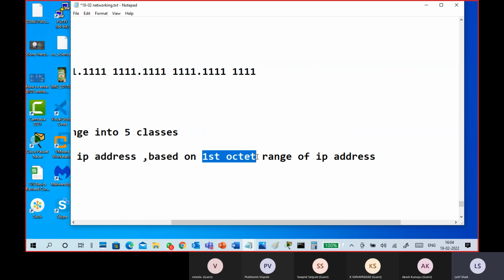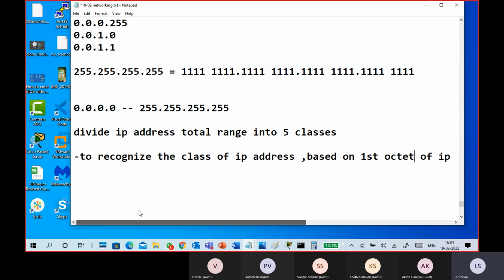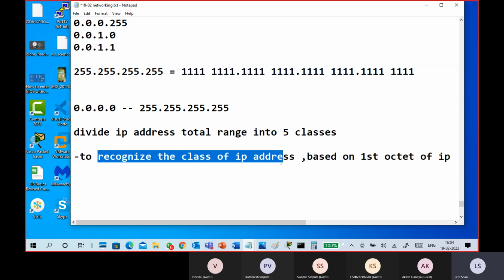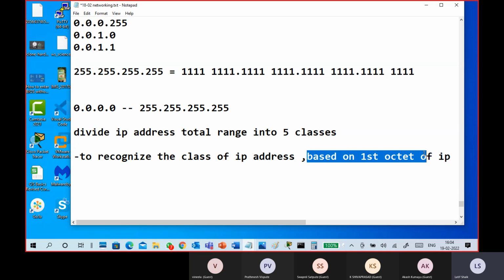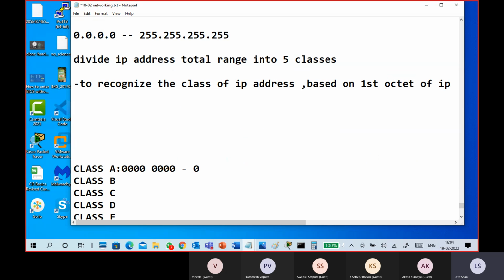Look at the first octet, then you will understand which class it belongs to, class A, class B, class C. So you have to look at the first octet of your IP address. For example, this is the first octet. Irrespective of what octets you are using, look at the first octet only.